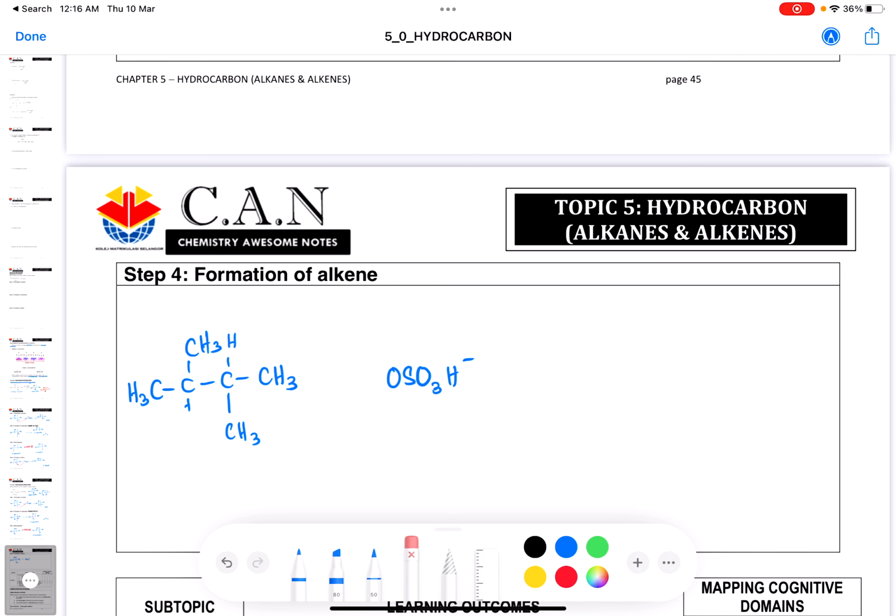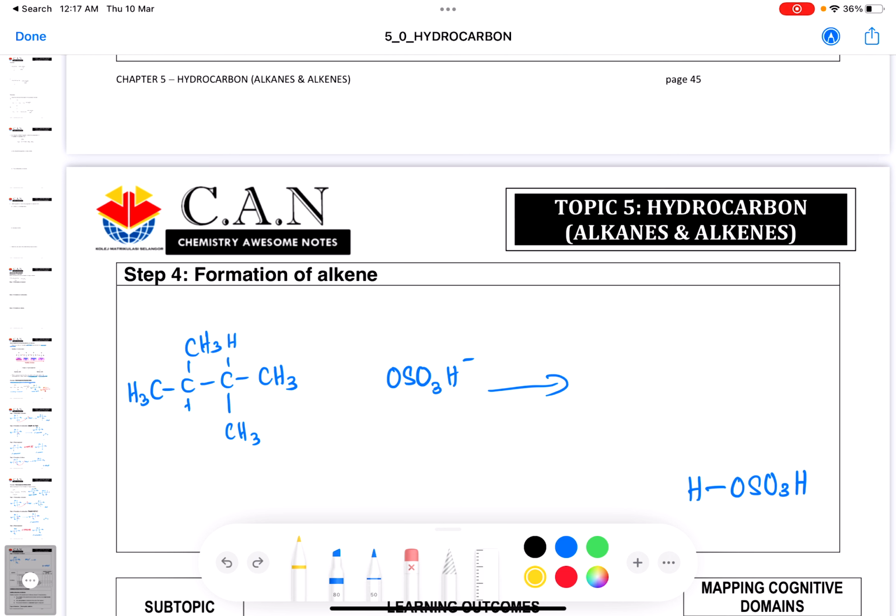If you don't add this plus also, no problem. Don't get confused. I know we usually look at this side, but don't forget we also have another H up here.